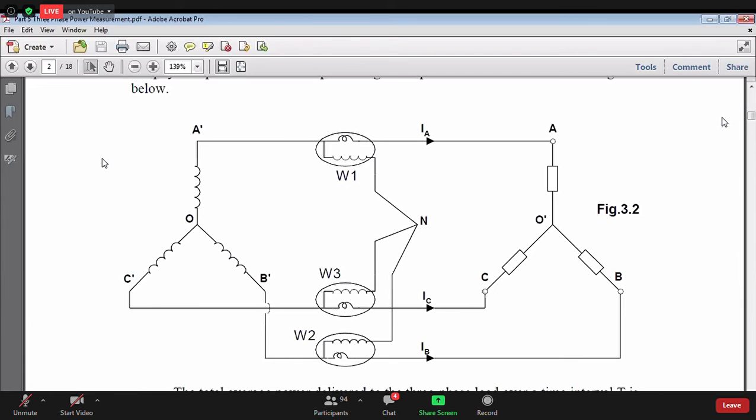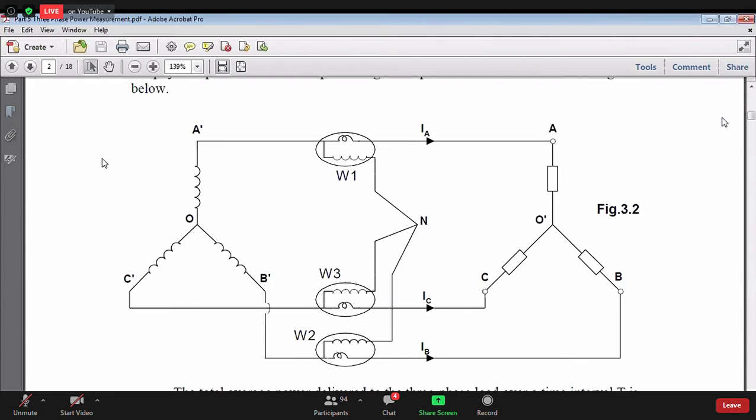How the potential coils are connected, this is extremely interesting. One terminal of the potential coil of each wattmeter is connected to its line. Then what about the second terminal? What has been done is the three terminals are joined together and it is named as a virtual neutral. Now you can ask me, where is that point?